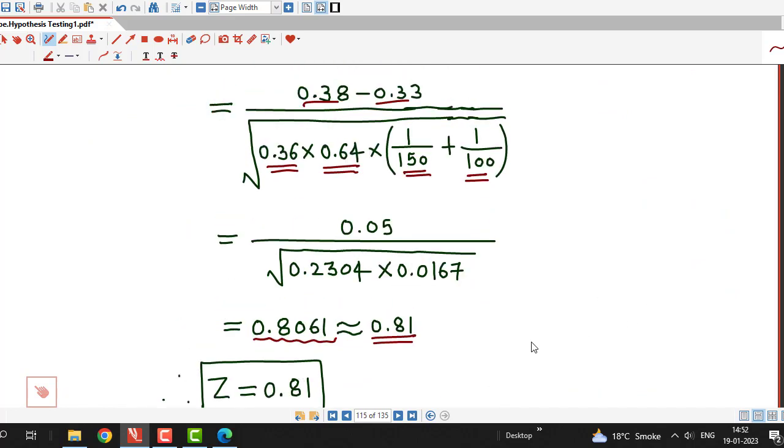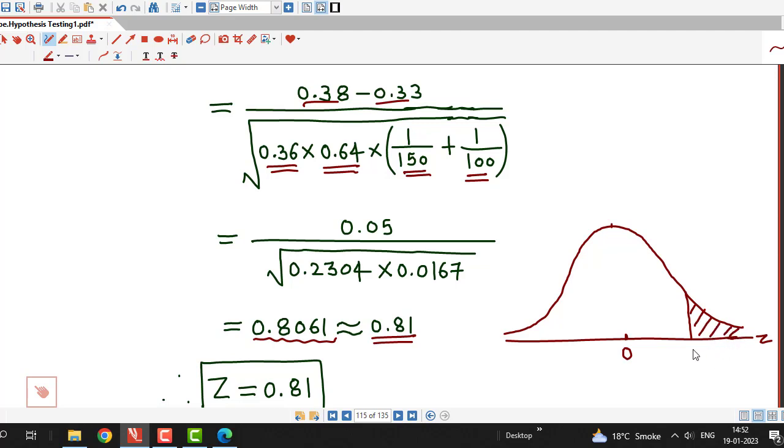So here our distribution is standard normal, and we know that it is a bell-shaped curve, symmetric curve, and we have right-tailed test. At the center the value of Z is 0, and because we have right-tailed test, we consider area in the right tail, and level of significance is 0.05.